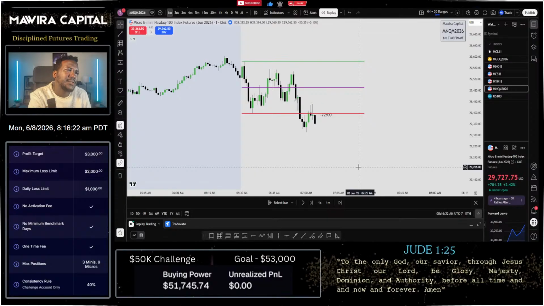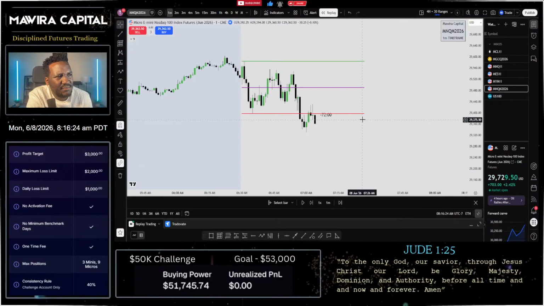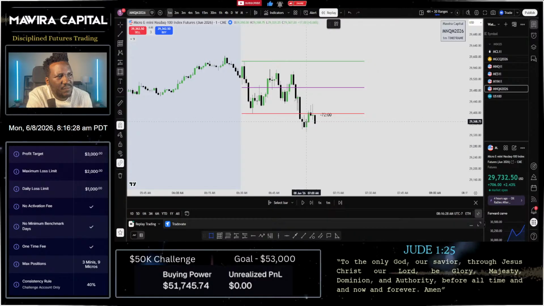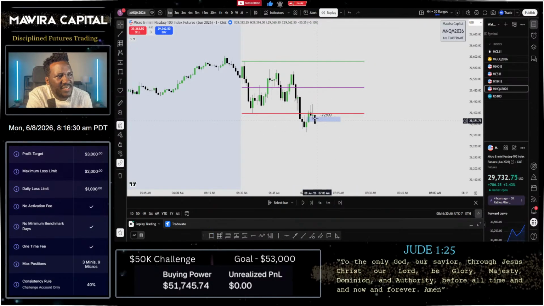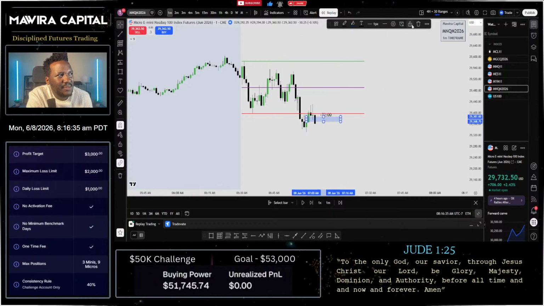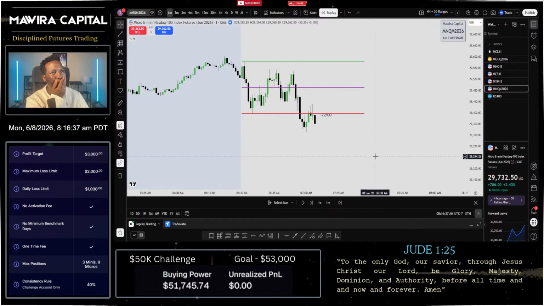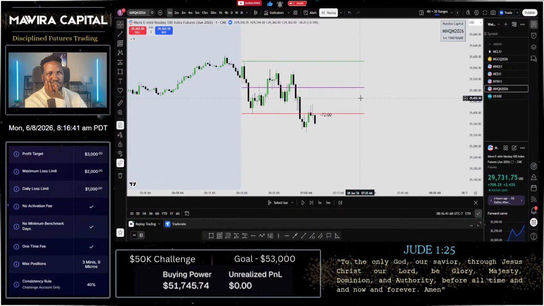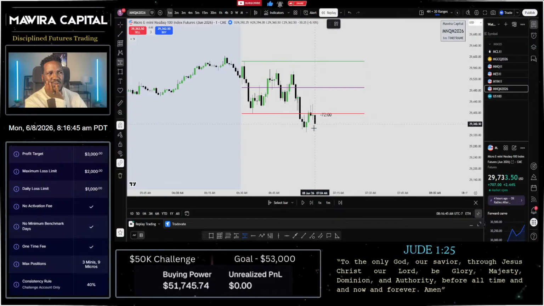Isn't that a confirmation enough? I'd argue we've inverted that 1 minute fair value gap. Isn't that a confirmation enough to get a trade here? Where would your stop loss be?